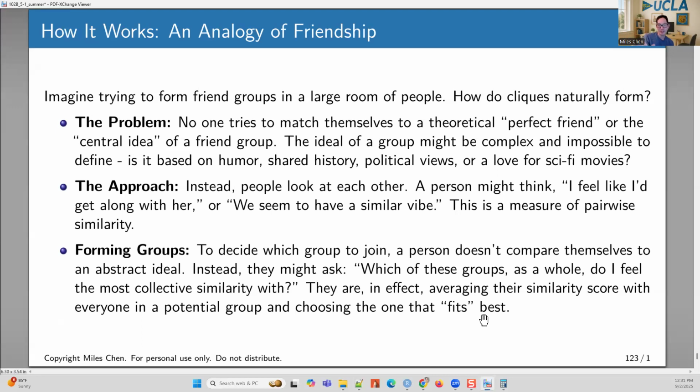Because you have these things that define different friend groups: similar humor or political views or maybe similar interests, like you like sci-fi or something. So it's not like each group has a defined centroid, but instead the person looks at the other people in that group, and by looking at the other members of the group, you can think of that as a pairwise similarity.